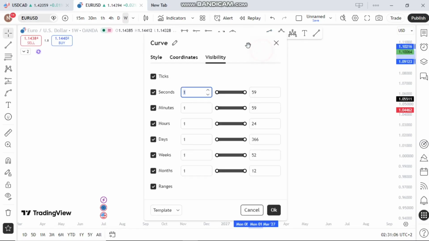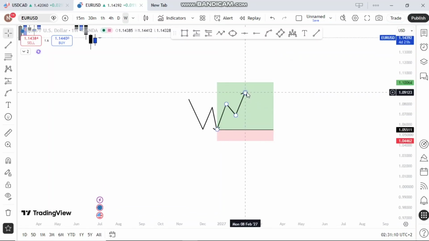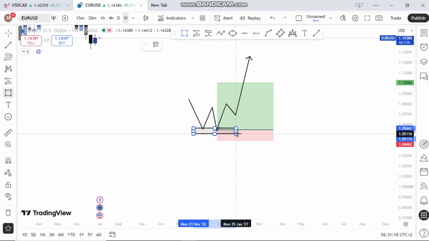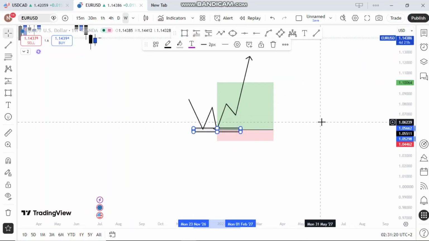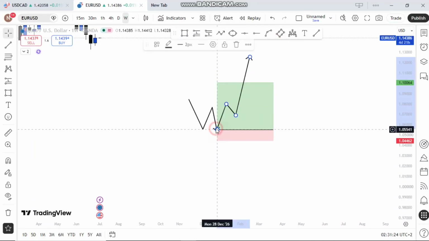Boom. That is what the strategy is all about. Oh, I forgot to mark out my area of interest. Boom. That is what the strategy is all about.